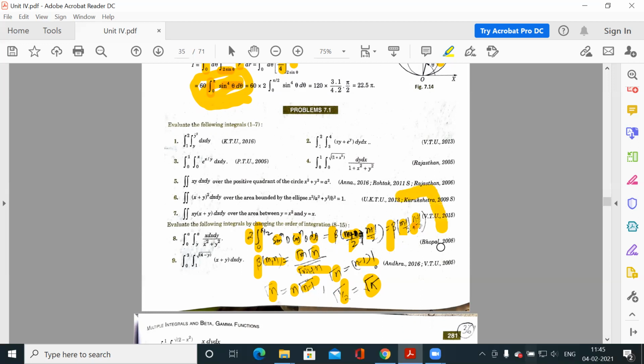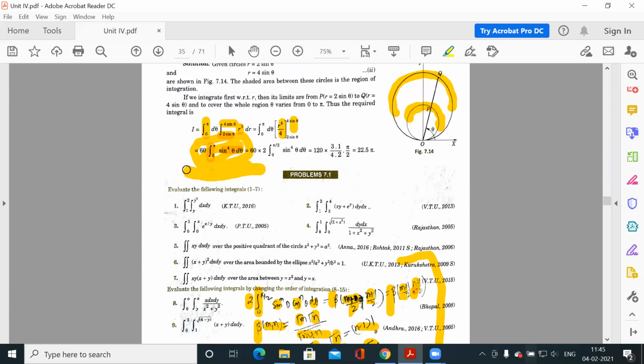So we have used this combination of formulas. You have to remember this formula, because till now you have not studied beta gamma functions, but this will help you to solve integrations like this.